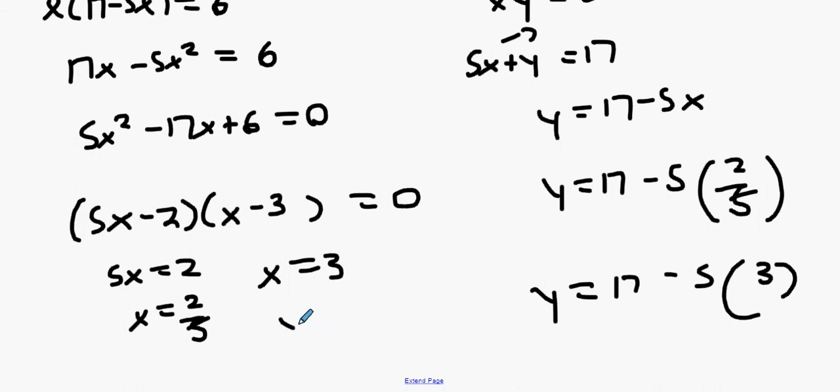Y will equal 15 and y will equal 2. All the answers are positive, aren't they? Both y values are positive and both x values are positive, which means all those answers are acceptable. Good? Alright, let's move on.